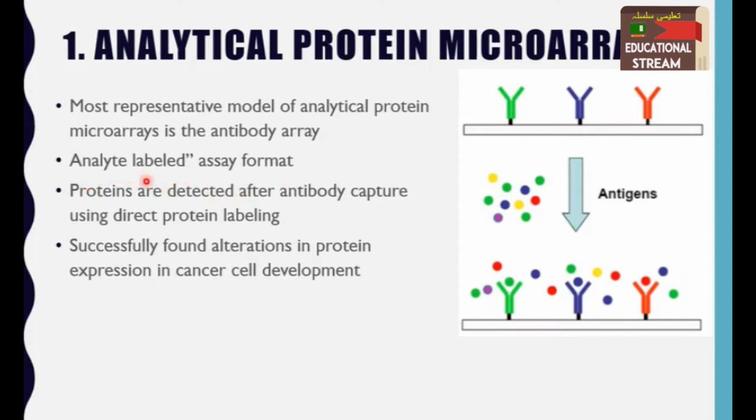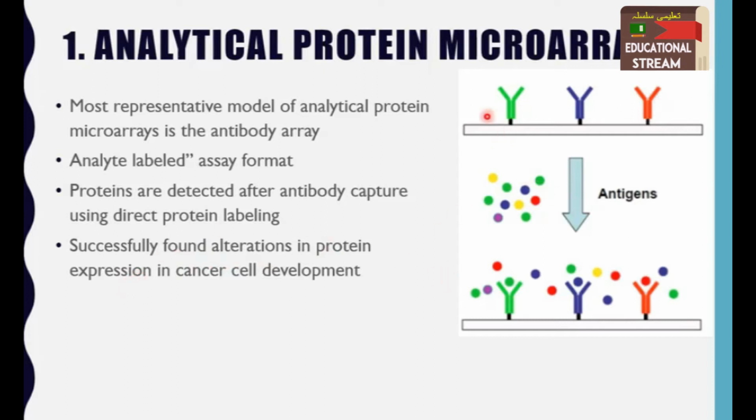So first we will see the analyte labeled assay format, in which proteins are detected after antibody capture using direct protein labeling, and successfully found alterations in the protein expression in cancer cell development by using this technique.